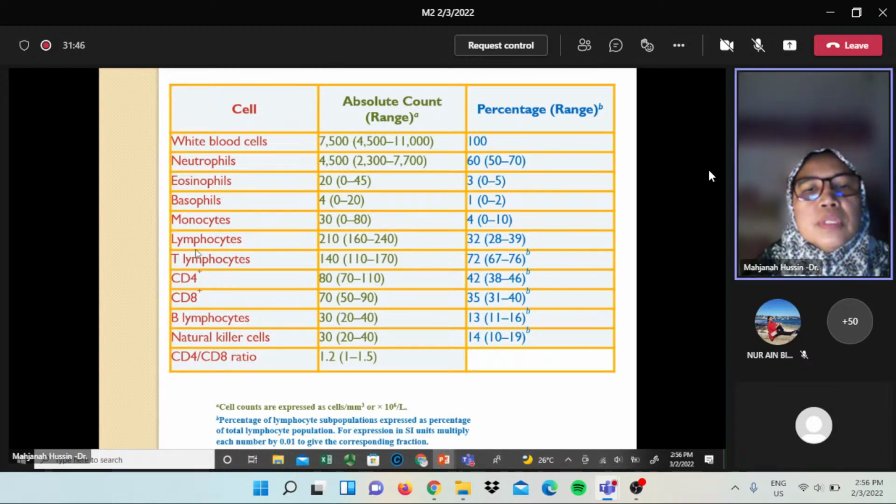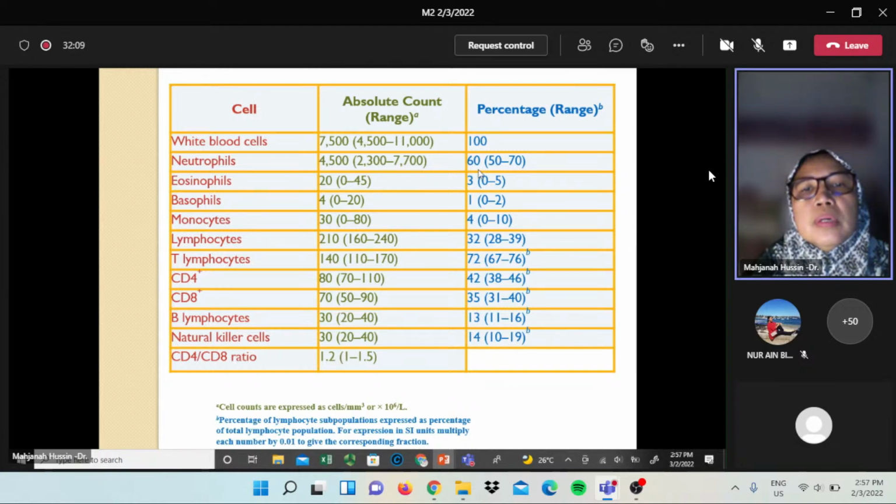You can have your CD4, CD8 between 70 and 80 count. You have your NK, which is very little, but because NK is very powerful, it is 30 count, 30 units. So this is the range which blood has in terms of white blood cells.